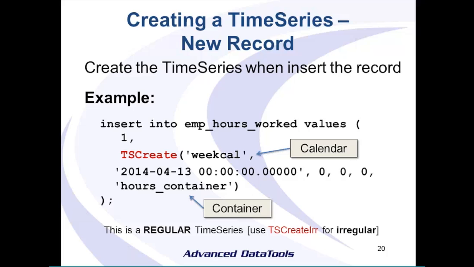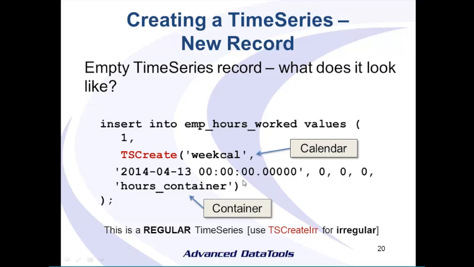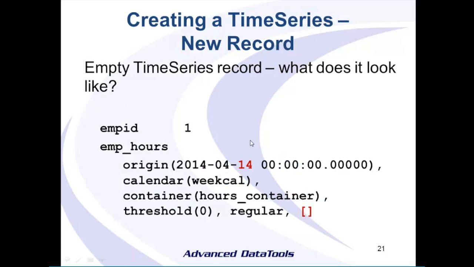Okay, now what I've done here, this particular insert, the 13th, when I created this, actually is a Sunday. And you remember I said earlier that a Sunday is not one of our patterns, it is one of our off days when we defined our pattern. So now when we actually look at that data, remember this is an empty record just created. The origin has been bumped forward to the first valid day, which is going to be that following Monday.